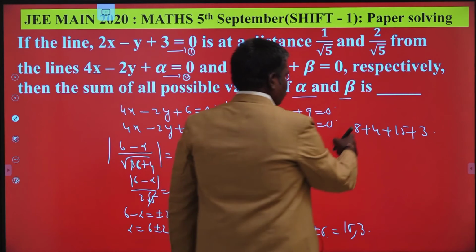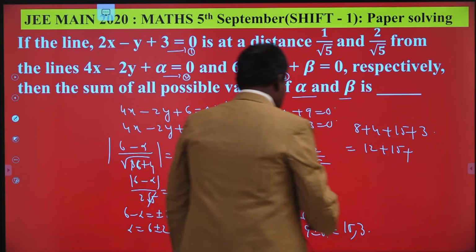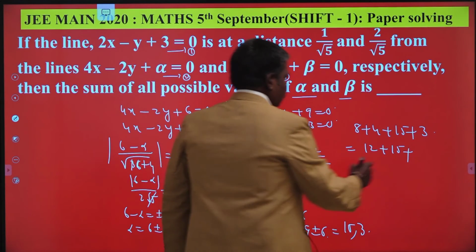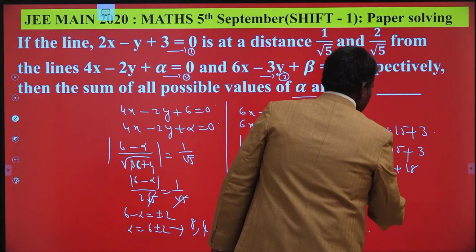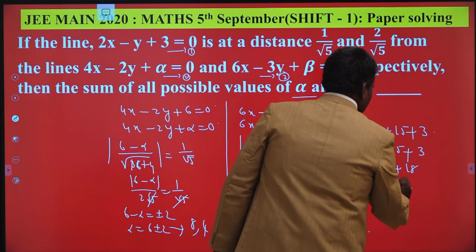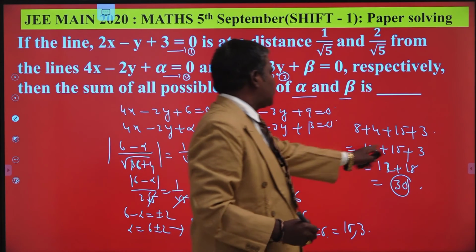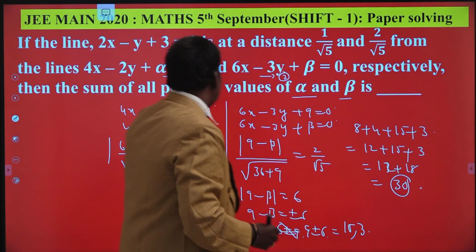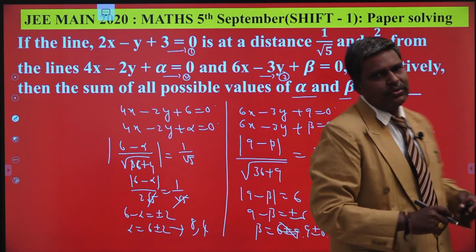That is 12 plus 15 plus 3, which is 12 plus 18, that is 30. So this is 15 plus 15, 30. The sum of all possible values of alpha, beta is 30.